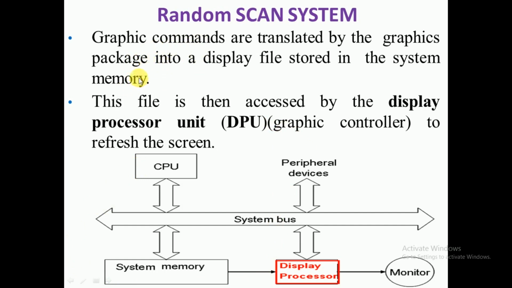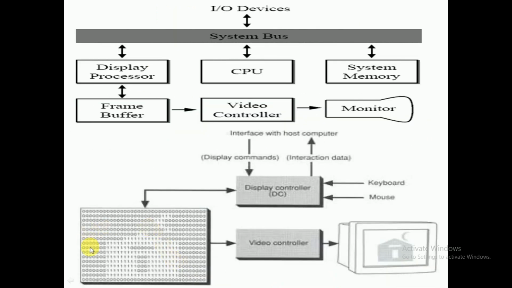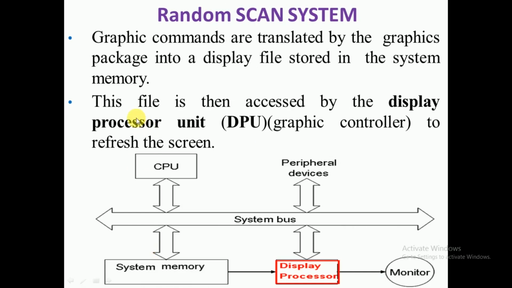Whatever output the program produces will be displayed on the monitor. Right? This file is then accessed by the display processor unit, DPU, the graphics controller, to refresh the screen.